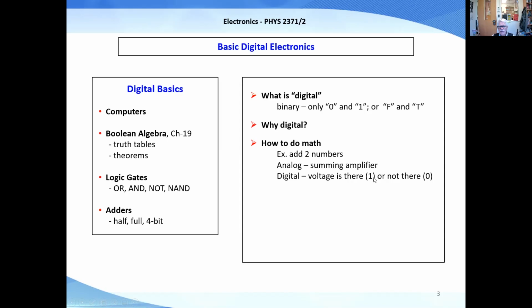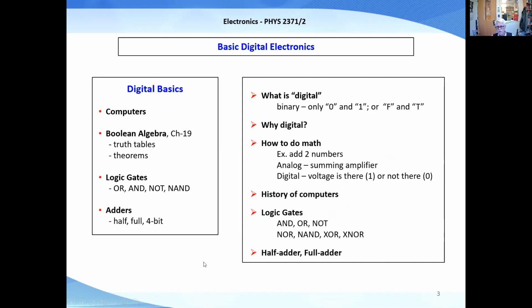With digital, we can determine whether there's something there or not there fairly easily, and that's the basis of it, basically. I'll go just a tiny bit into the history of computers because I always find the history interesting. And then we'll look at these logic gates and the adders.